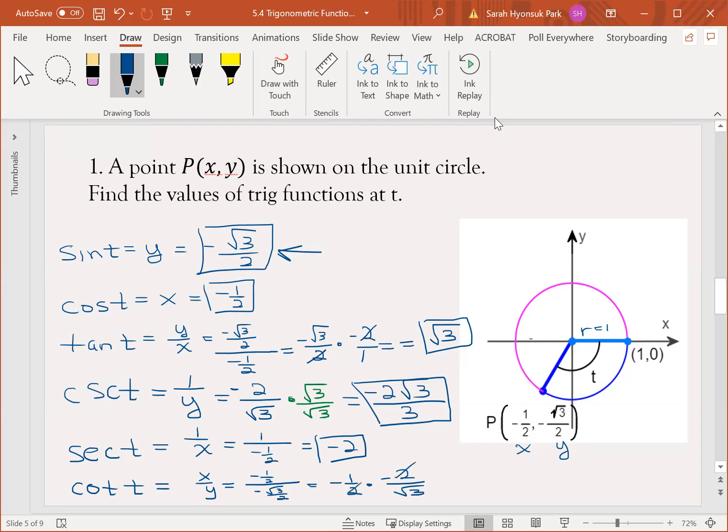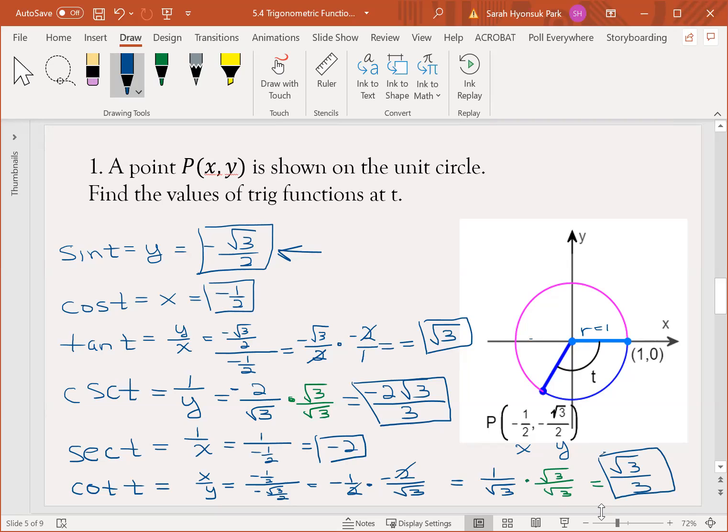It cancels the 2's, negative makes it positive, so I end up having 1/√3. We're going to rationalize because my math lab does not like radicals in the denominator. So √3 over √3, so we get √3 over 3. So there is the cotangent.